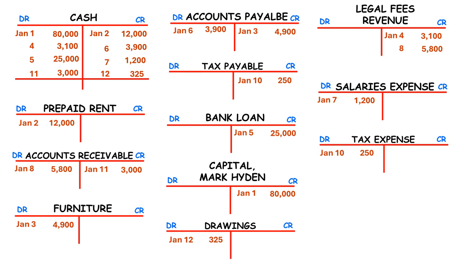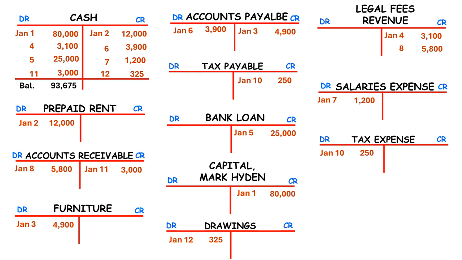So what I will do in the cash account is add all the debit side, subtract that from the credit side, and then write the balance on the side which is higher. In this case, the cash debit side is higher than the credit side by $93,675, and I wrote it on the debit side.